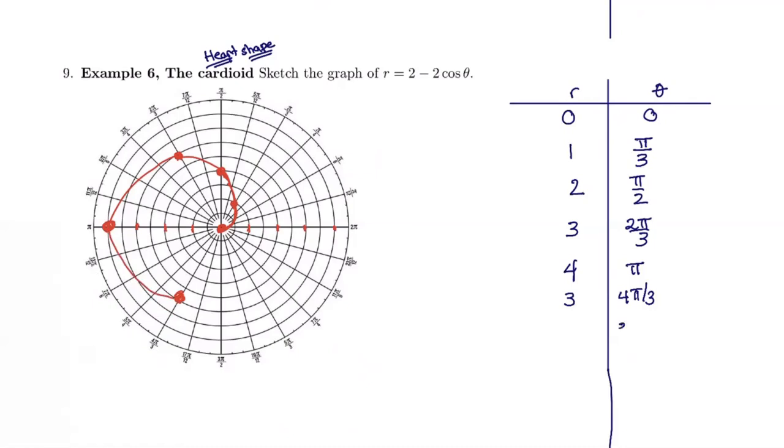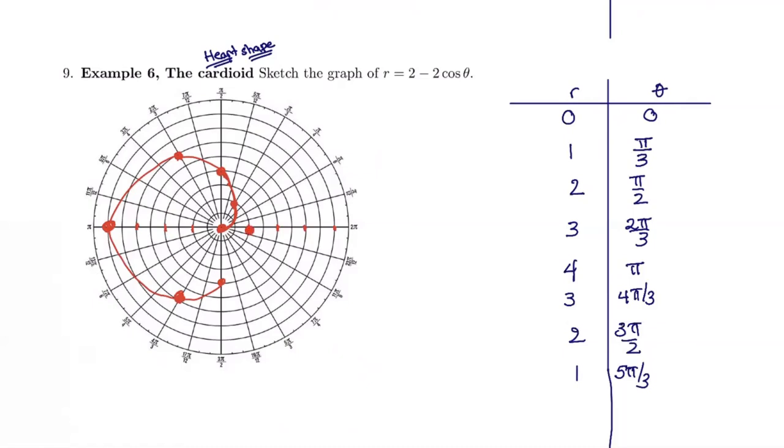We can do 3 pi over 2, which will give us 2. So we go out 2 and around 3 pi over 2, which puts us here. I seem to have trouble staying on the same circle. And we have 5 pi over 3, which will give us 1.